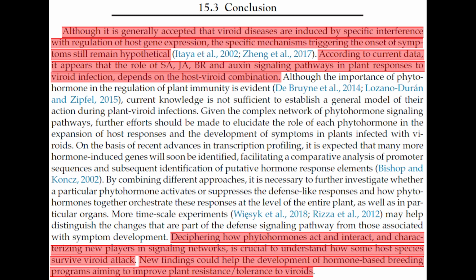Although the importance of phytohormones in the regulation of plant immunity is evident, current knowledge is not sufficient to establish a general model of their action during plant viroid infections. Given the complex network of phytohormone signaling pathways, further efforts should be made to elucidate the role of each phytohormone in the expansion of host responses and the development of symptoms in plants infected with viroids.